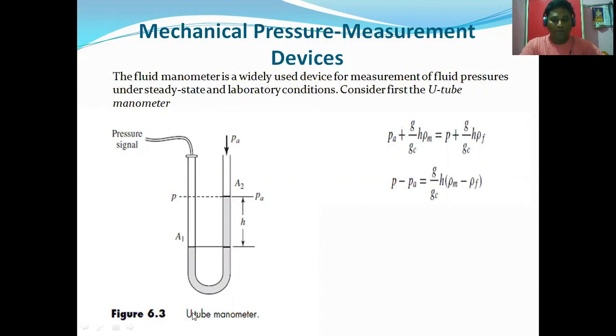The difference in pressure between the unknown pressure P and the atmosphere is determined as a function of the differential height h.